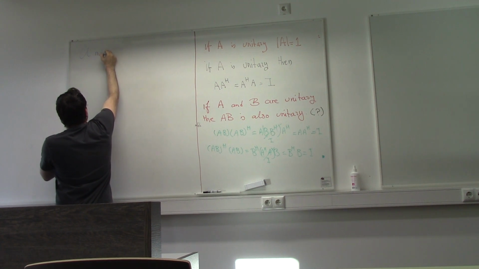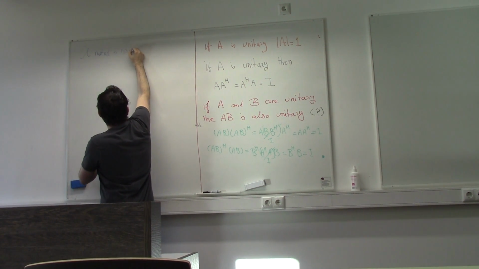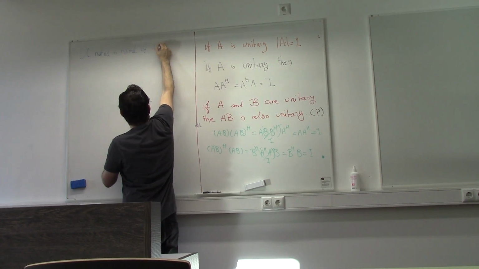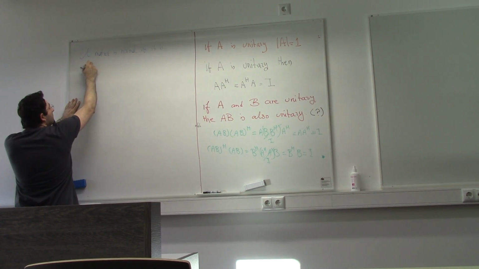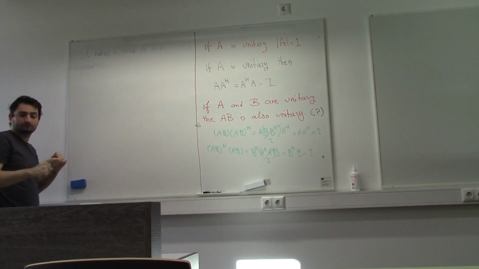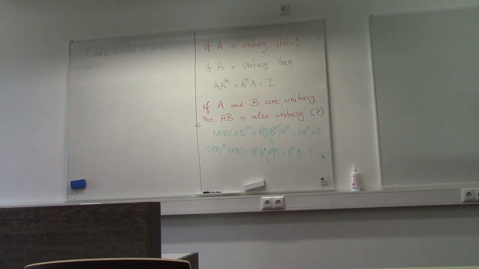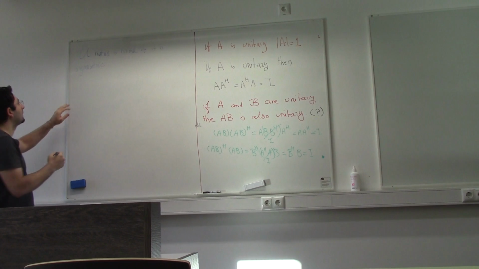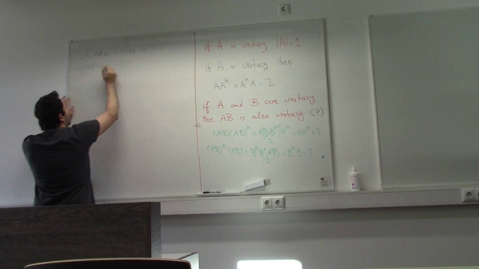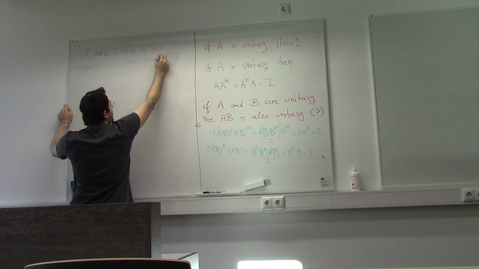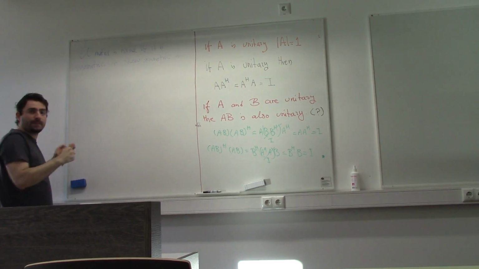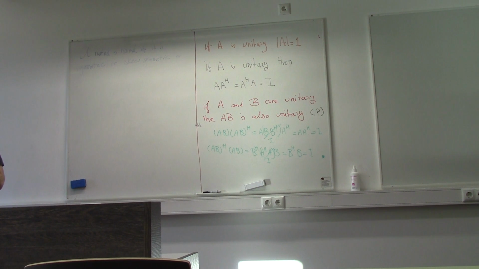A matrix is normal if it is symmetric, or skew symmetric, or what else?